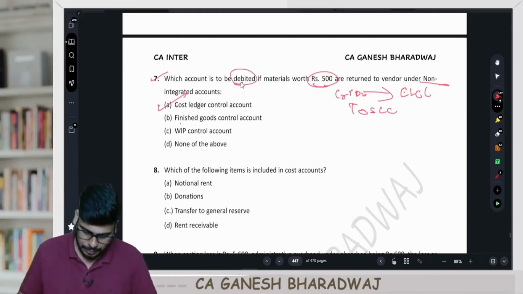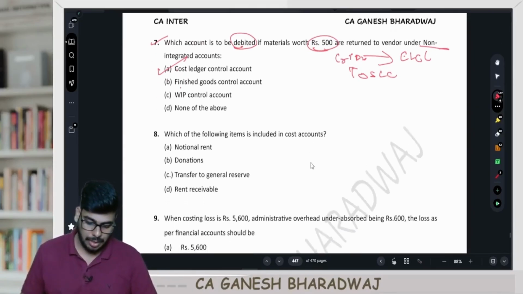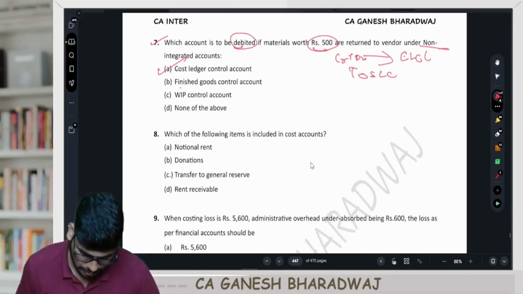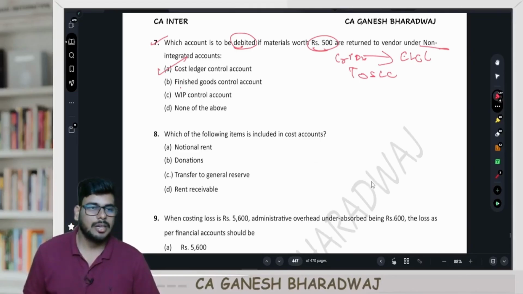Next. Which of the following items is included in cost accounts? Notional rent. Usually not, but look at the other three. Donations, to be considered?